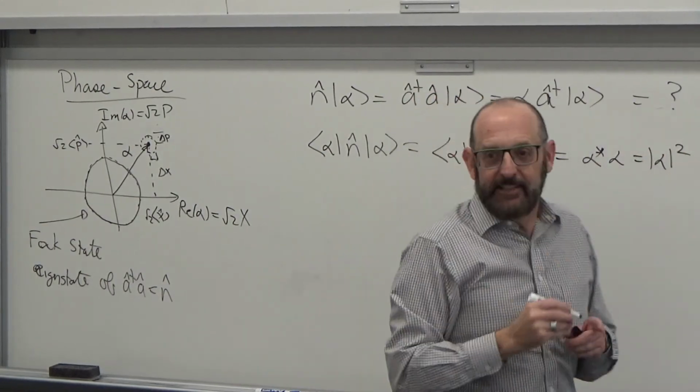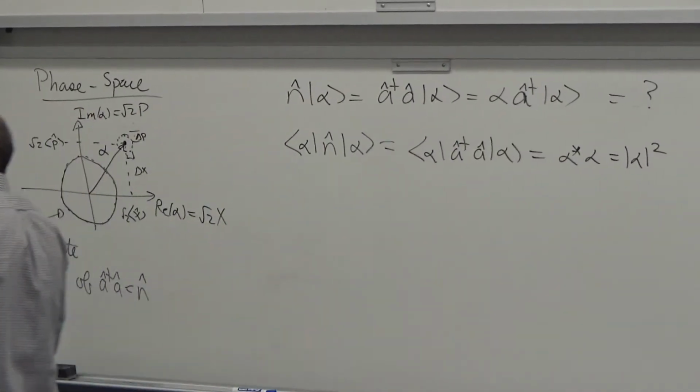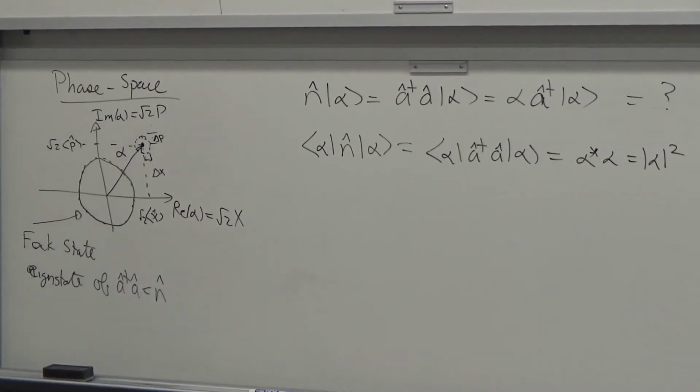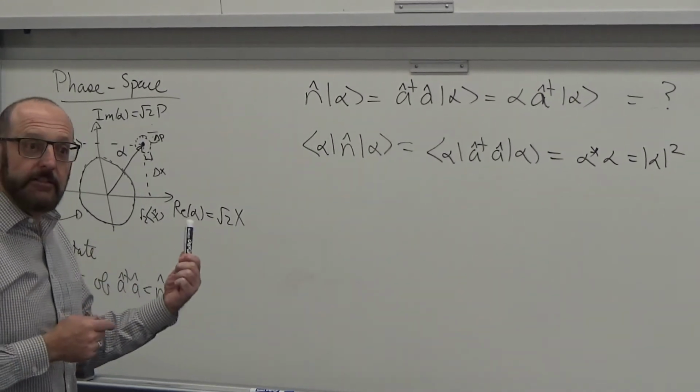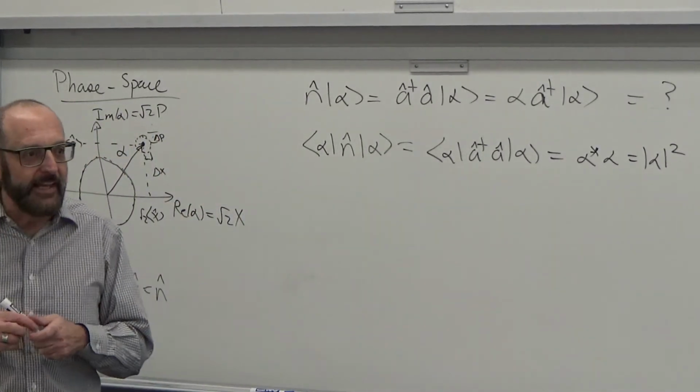Not surprising, right? The amplitude squared is what we said was the energy classically. And that's classical. But this is not an eigenstate of energy. It has uncertainty in the energy, or the number. The energy and the number are just related by h bar omega.